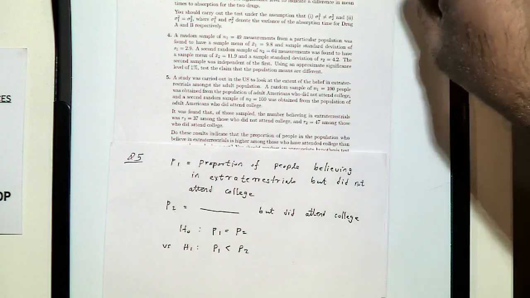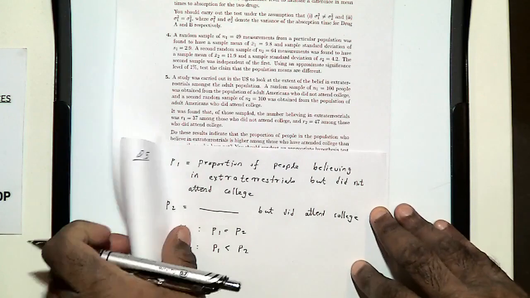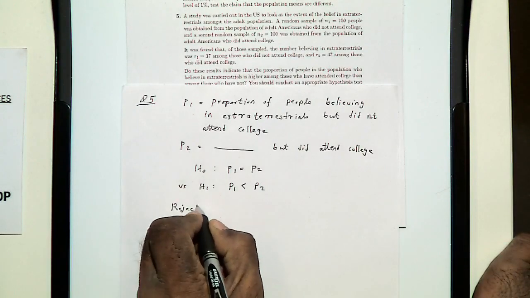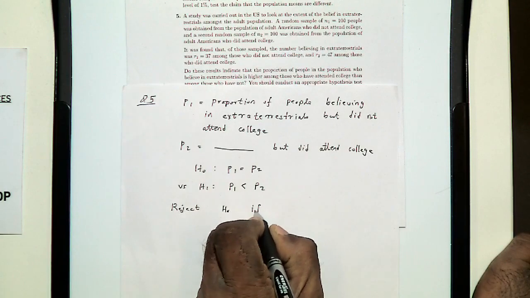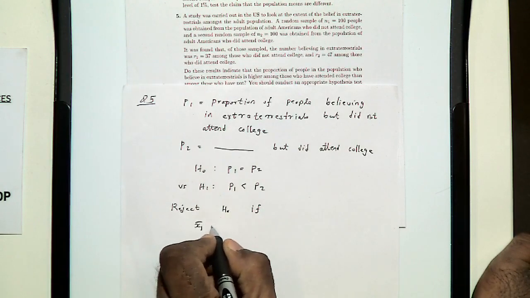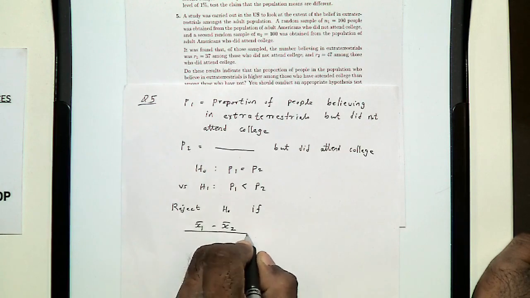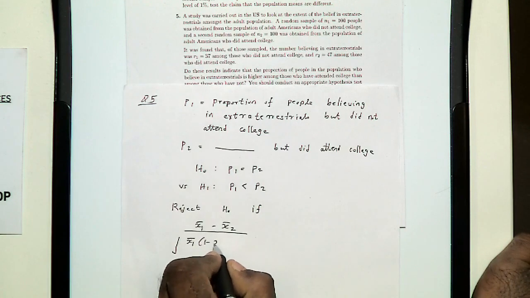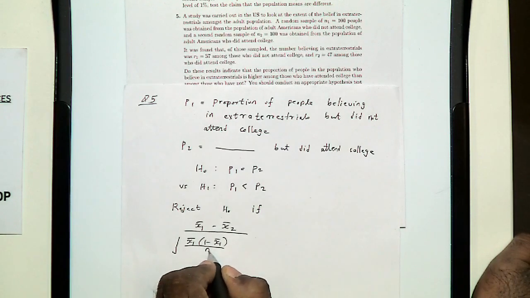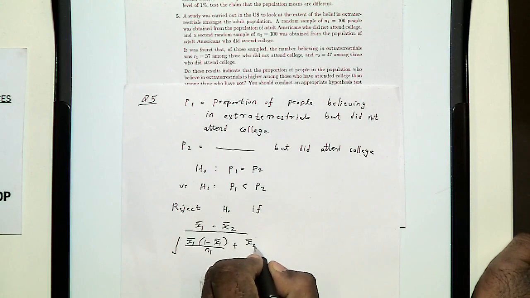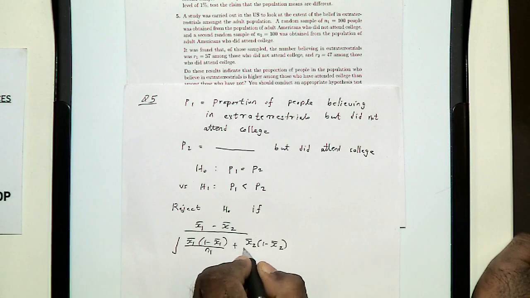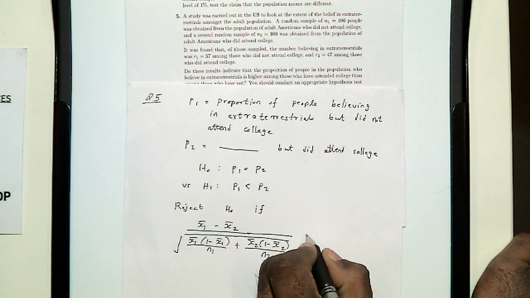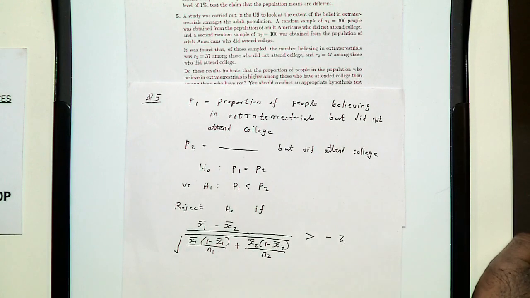So for this kind of hypothesis, if you look at the rules that I showed you a few minutes ago, the rejection rule is if the statistic is less than minus z 1 minus alpha.